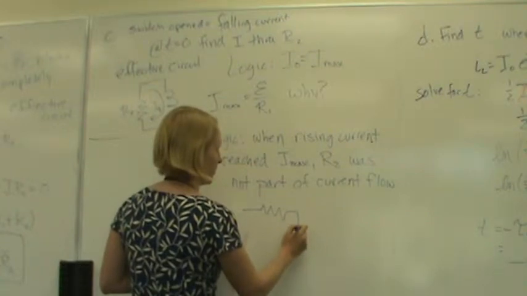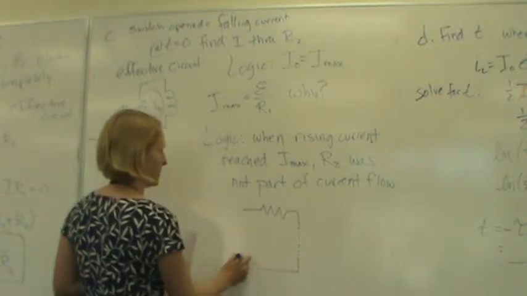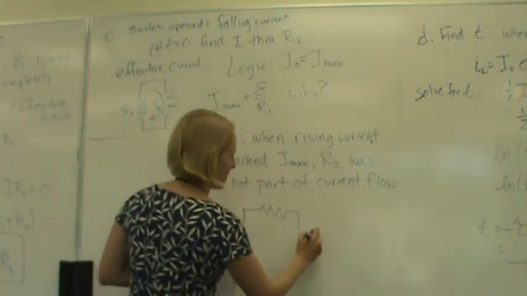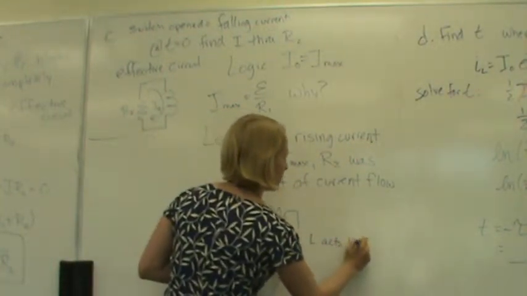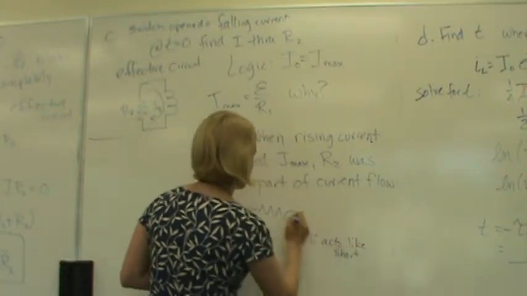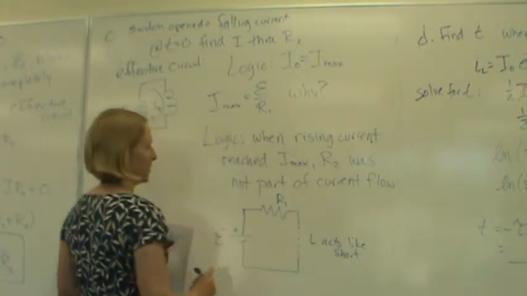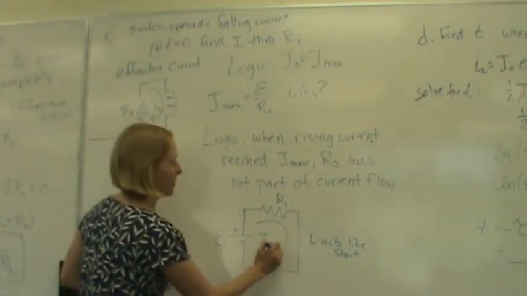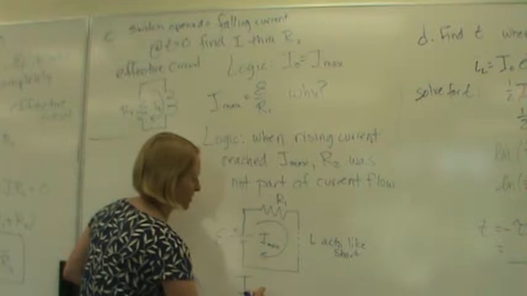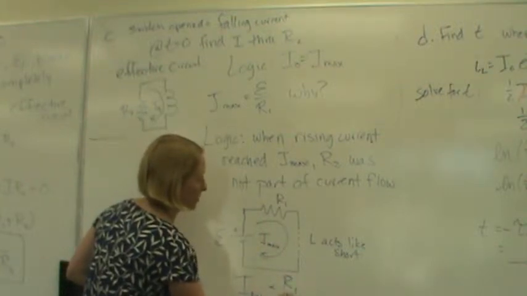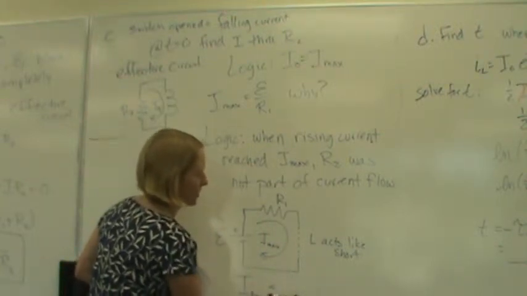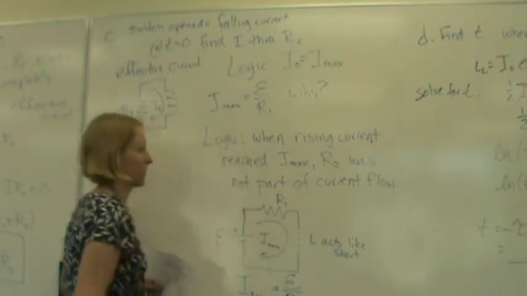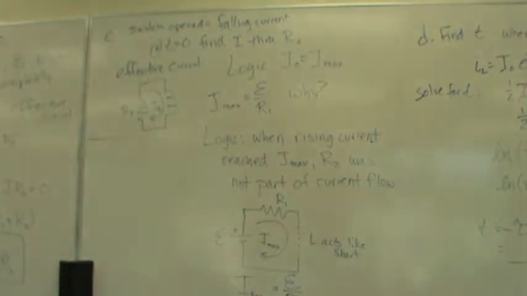A bare wire. And so in that case, this was our I max value, and I max is just E over R1.